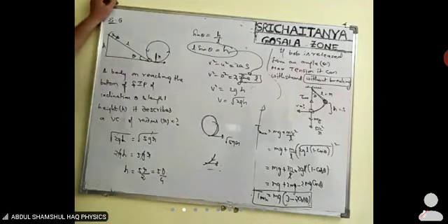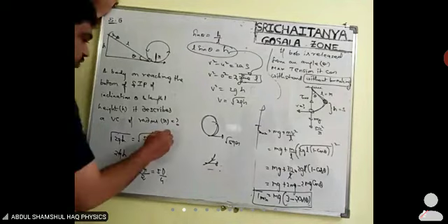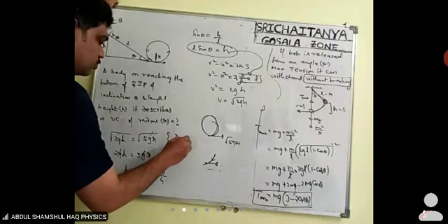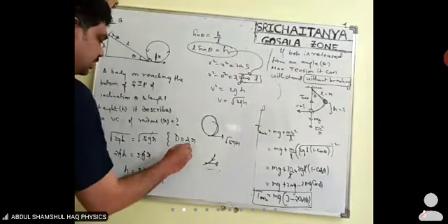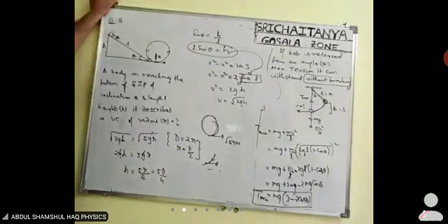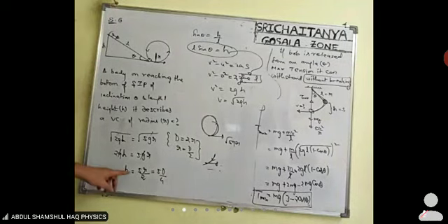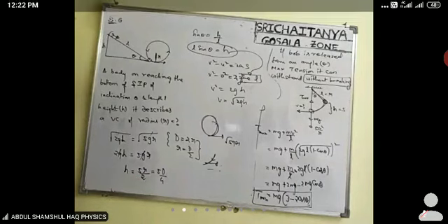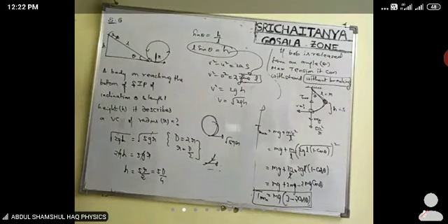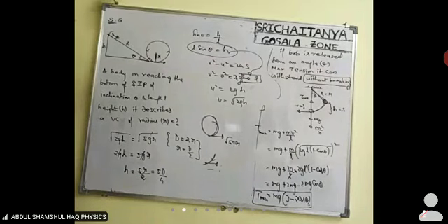Shashank said yes, sir. Since diameter is equal to 2r, radius r can be taken as half the diameter, d by 2. Instead of r, if I take d by 2, then h will be equal to 5d by 4.